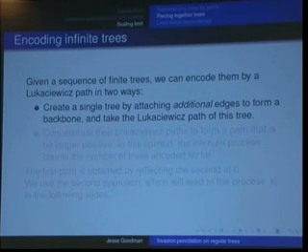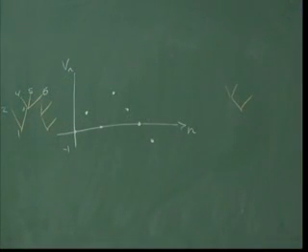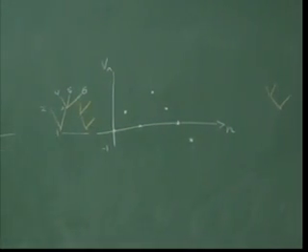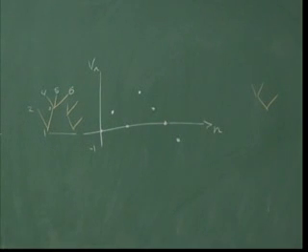How would you encode them by some sort of path? So the first thing you could do, and apparently I should have drawn them closer together, would be to create an artificial edge between them so that you did have a finite tree, and then deal with the Lukasiewicz path of that tree.